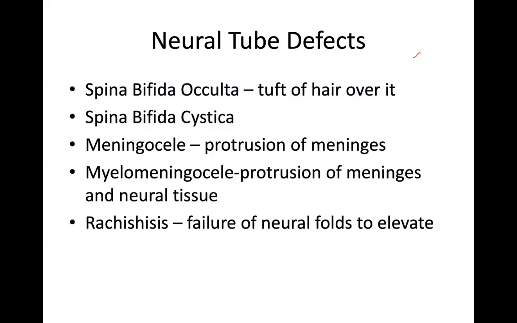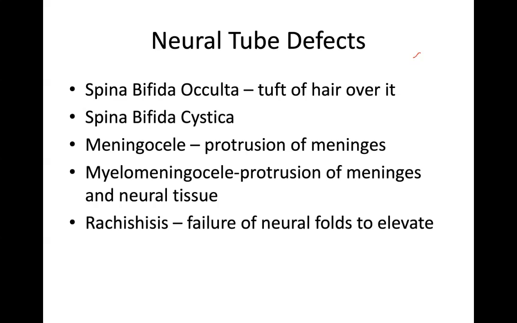This is not serious. The gap is covered by skin and hair. Spina bifida cystica can have different degrees of protrusion of the dura, of the meninges and nervous tissue. You have meningocele, which is protrusion of meninges. You have myelomeningocele, which is protrusion of meninges and neural tissue.